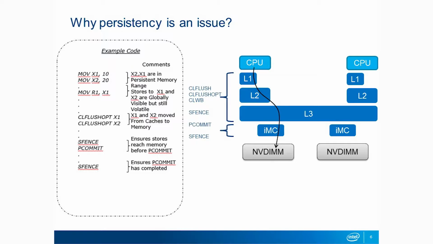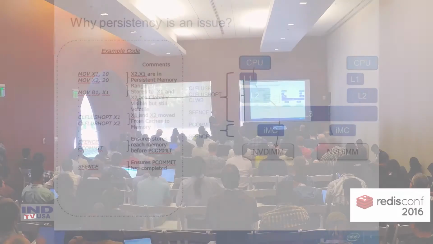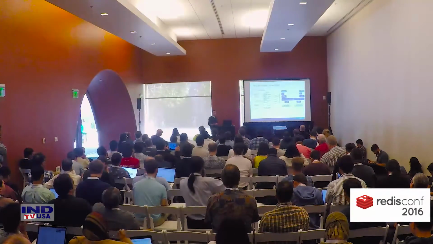It also helps with another issue, because we need some kind of msync to flush data from the cache of the CPU to the persistent memory device. There are two instructions introduced: clflush_opt, which pushes data out of the processor cache, and pcommit, which commits all outstanding changes to the persistent memory device.